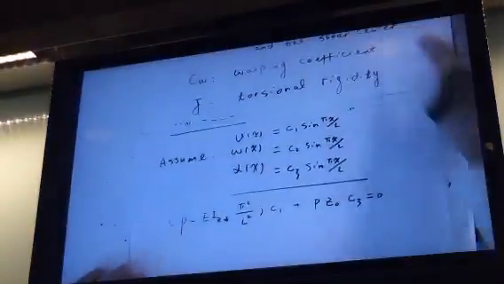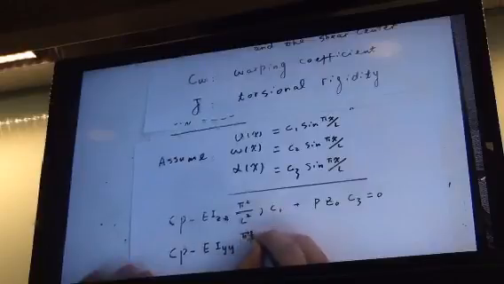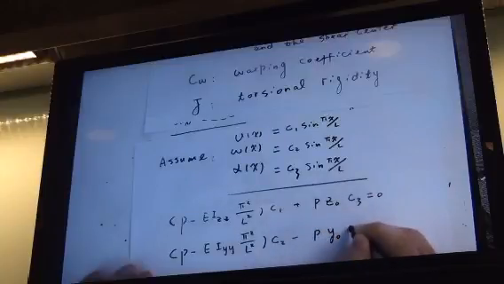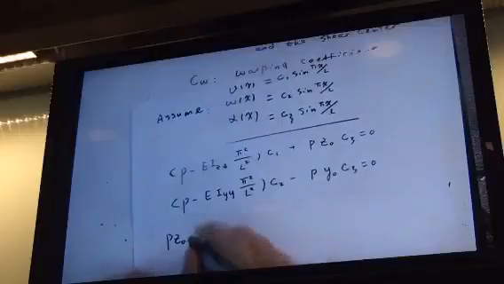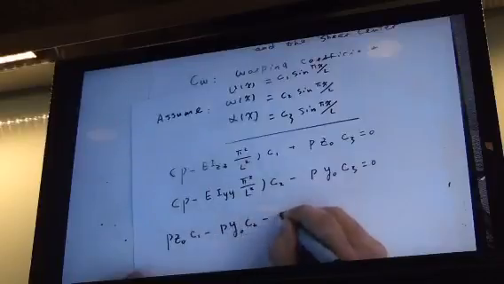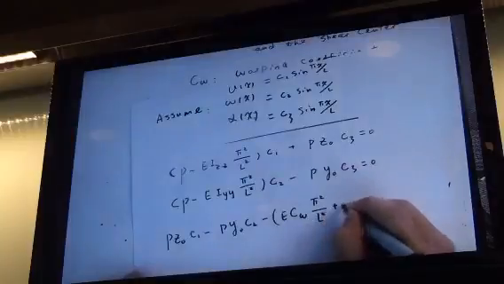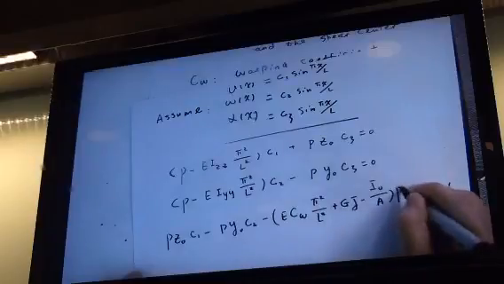The second equation you get is P EIYY minus P Y0 C3 equal to 0, and the third equation you will have is P0 C1 minus Py0 C2 minus ECW I square L square plus GJ I0 PC3.